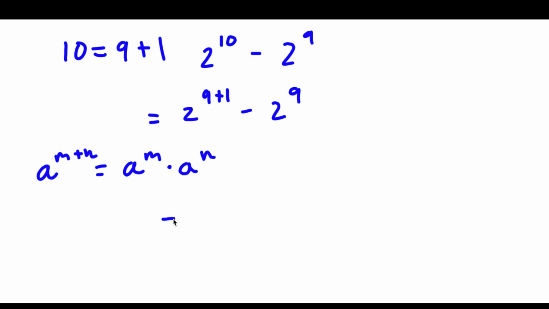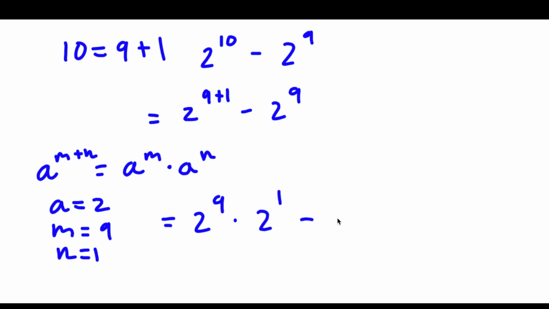So 2 to the power of 9 plus 1, in this case, a would be 2, m would be 9, and n would be 1. So I'd have a to the power of m, so 2 to the power of 9, times a to the power of n, so 2 to the power of 1. Now I have this minus 2 to the power of 9.